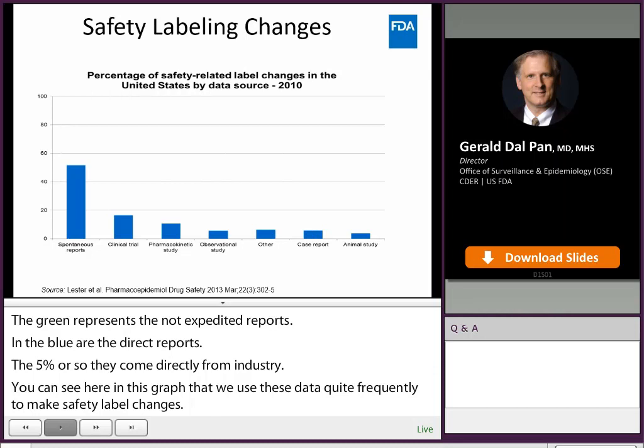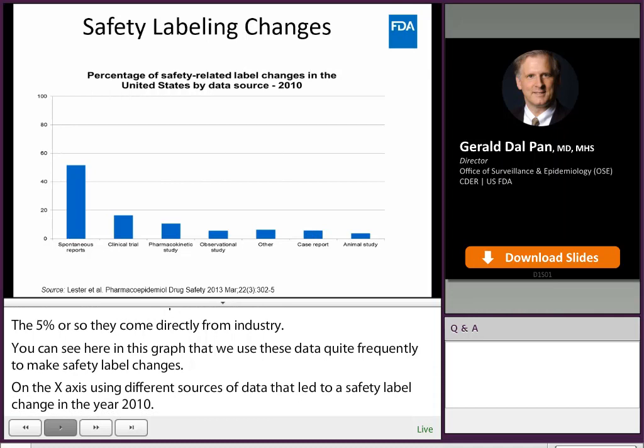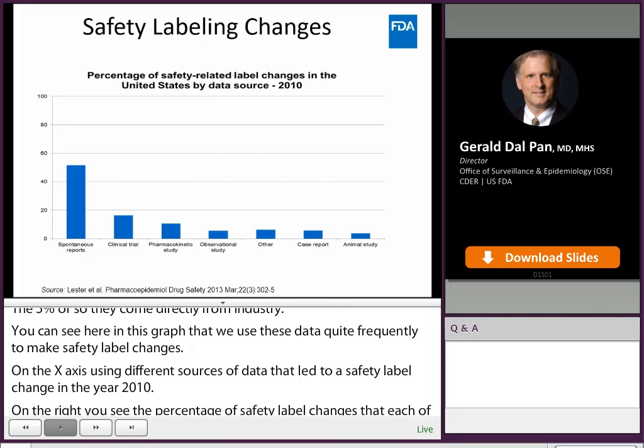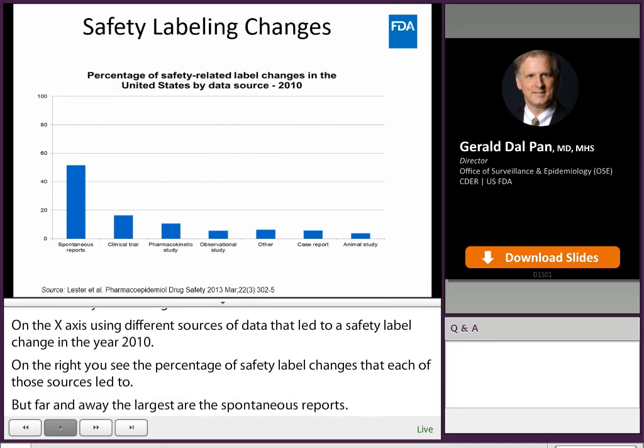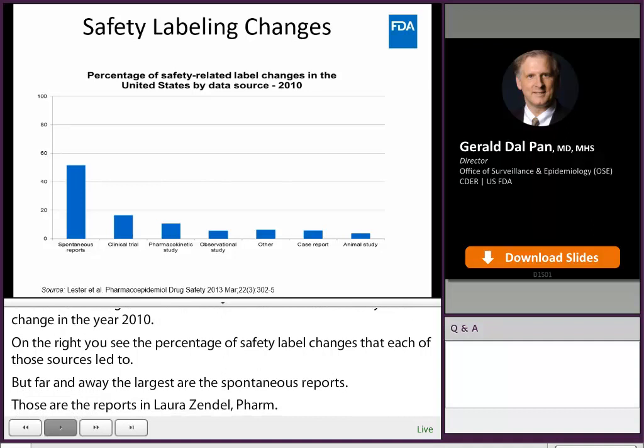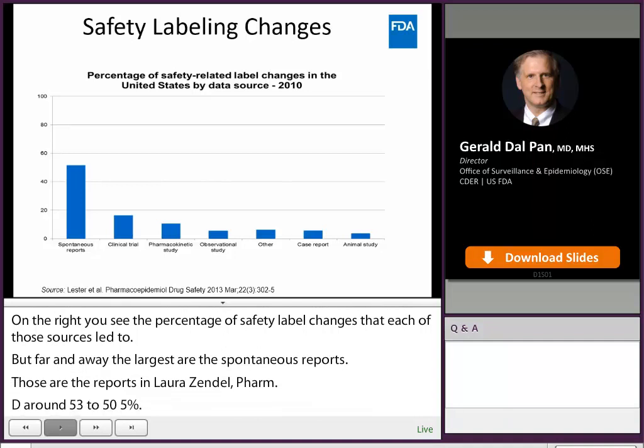By far and away, the largest are the spontaneous reports. Those are the reports in FAERS. And it's about somewhere around 53 to 55%. Clinical trials also account for a number of reports, probably about 17 or 18%. Other sources contribute somewhat less, but in the end, they're all important.